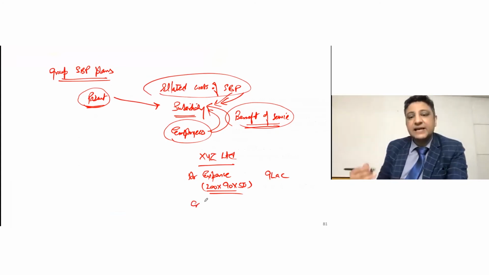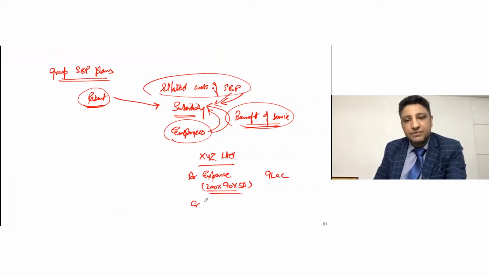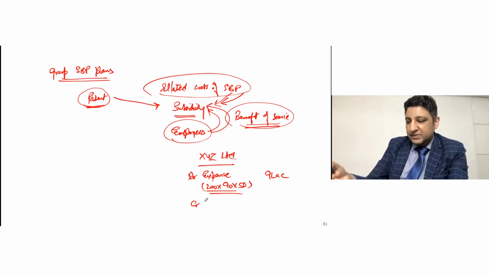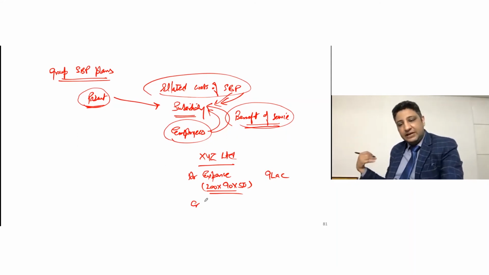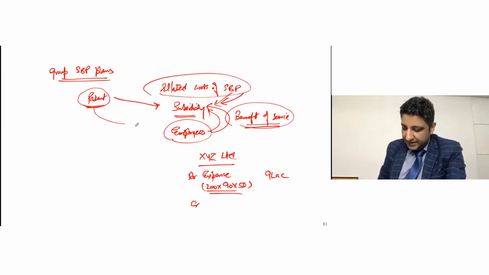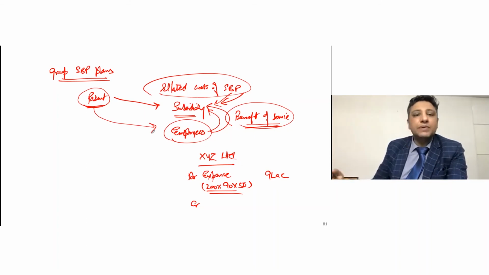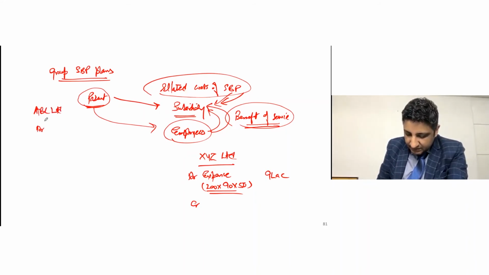Credit what? We are saying that the expense is coming in the books of the subsidiary because there is an infusion by the parent company. The parent is offering something back to, of course, XYZ Limited. We'll come to that in a minute in terms of what that would mean, right? So when I look at that particular amount being provided by the parent to the subsidiary, we would say in the books of the parent, which is ABC Limited, that there is an investment in XYZ, right?